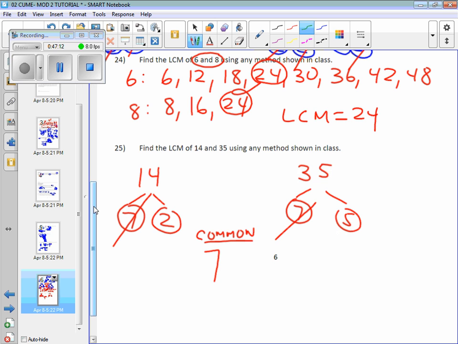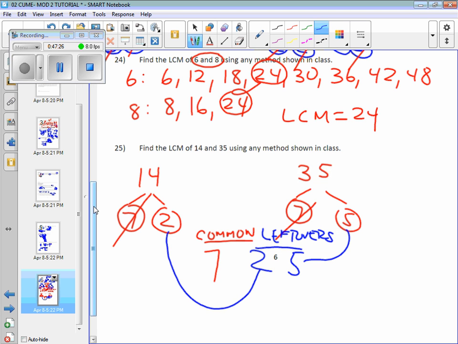So I'm going to take my 2, put it in, I'm going to take my 5 and put it in. This is now known as my leftovers. And now all I need to do is multiply 7 times 2 times 5, and that gets me my LCM, which is 70.